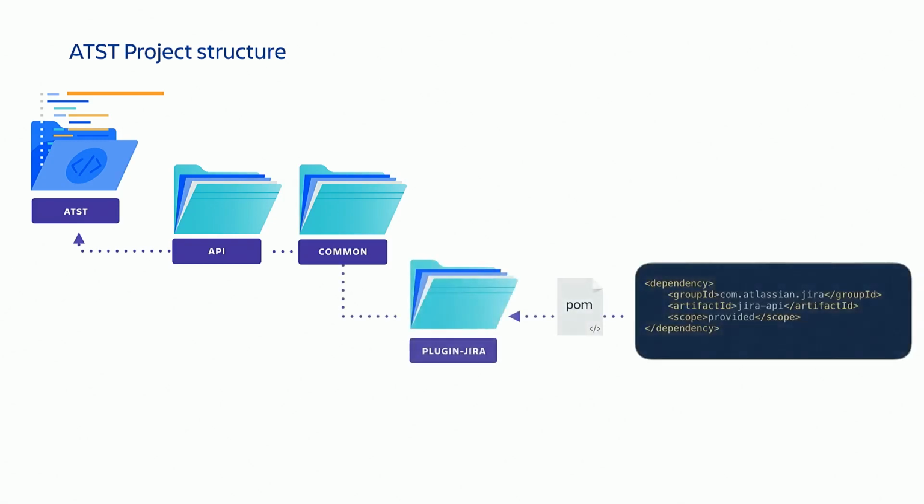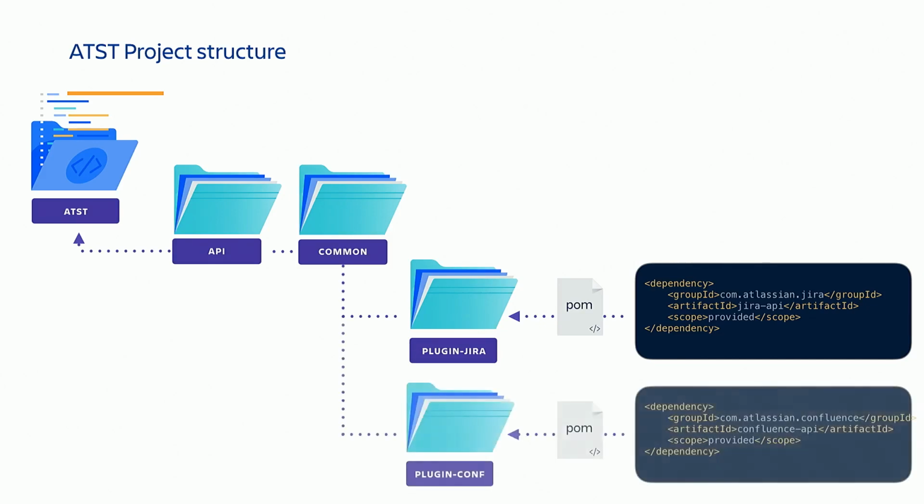Next, we rely on split module Maven projects to cater for multiple products. So all the Jira-specific health checks and code go into plugin Jira. Now, plugin Jira will depend on Jira API and ATST API and ATST common. So this is also where we will build our Jira artifact from.